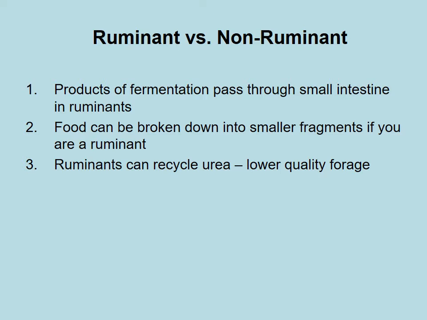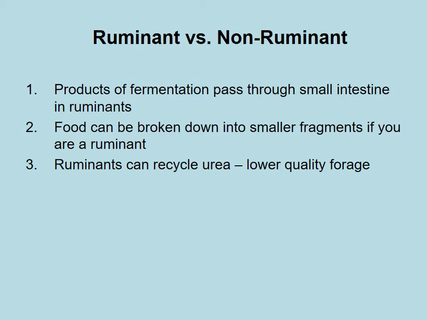In the case of the ruminant, this fermentation of the plant products takes place largely in the rumen, and this happens before the small intestine. So ruminants are able to absorb the products of the fermentation, very important volatile fatty acids that are produced during this process, but also important levels of protein from the digestion of various microorganisms.